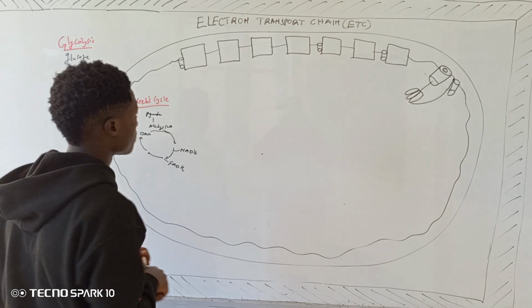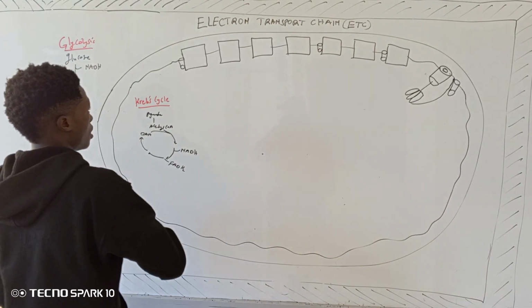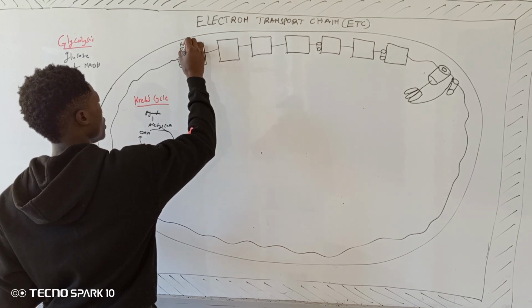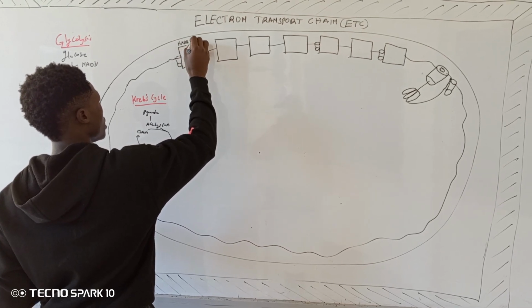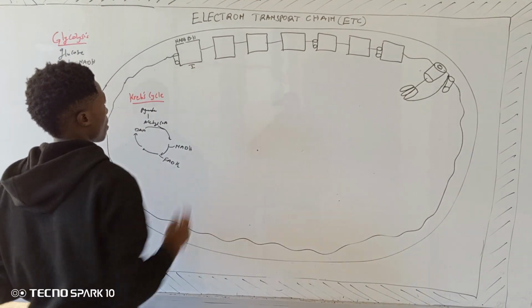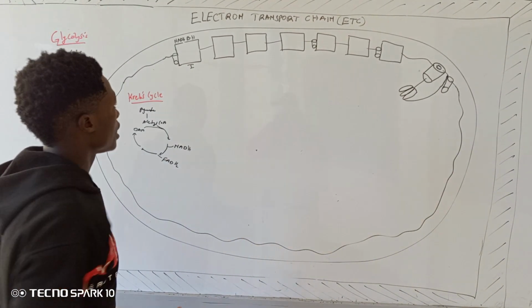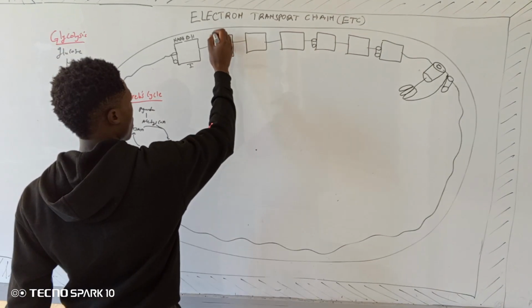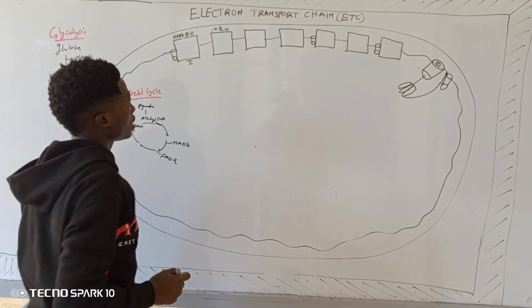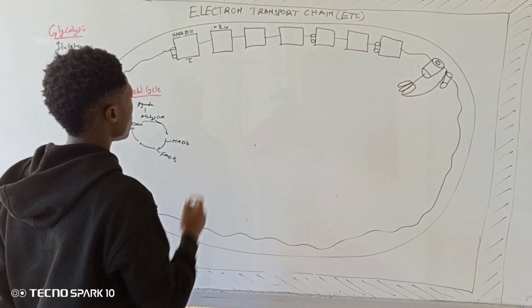This is the first complex, or you can call it NADH dehydrogenase, or you can just call it complex 1. This one here is coenzyme Q. In some books you can see it written as coenzyme Q10.